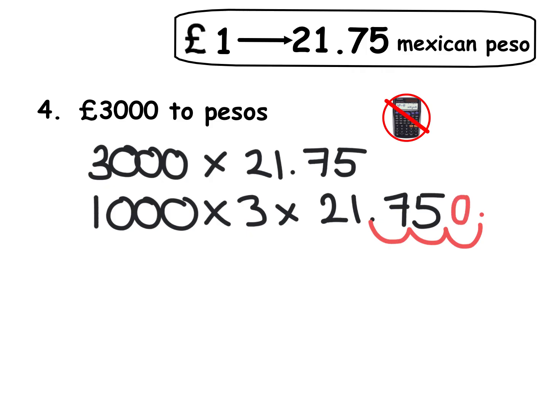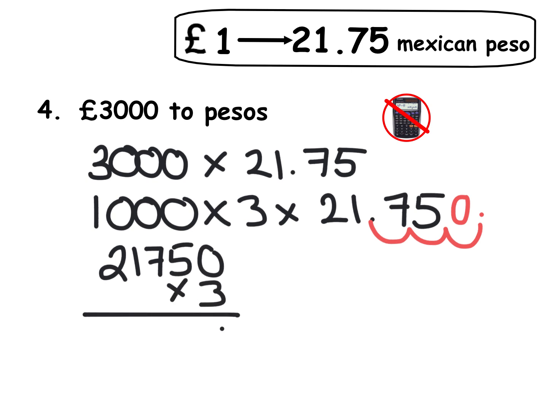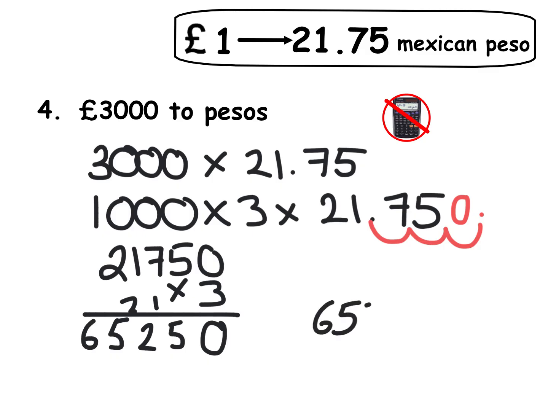So the sum I'm going to do is 21750 times 3. 3 zeros are 0, 3 fives are 15, 3 sevens are 21, add 1 is 22, 3 ones are 3, add 2 is 5, and 3 twos is 6. We have a whopping 65250 Mexican pesos.